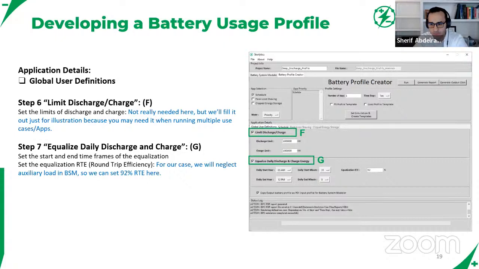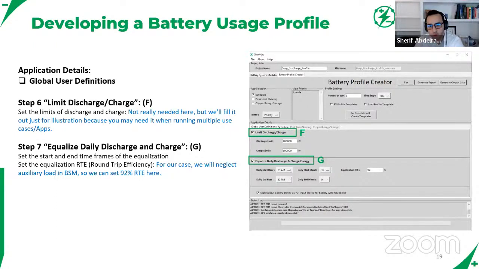But as you correctly identified, the 92% round trip efficiency there implies that we're basically just focused on the cable losses, transformer losses, and the battery internal resistance losses, without any of the auxiliary load. So it'll become more clear when we get into the more detailed modeling under the battery system modeler.